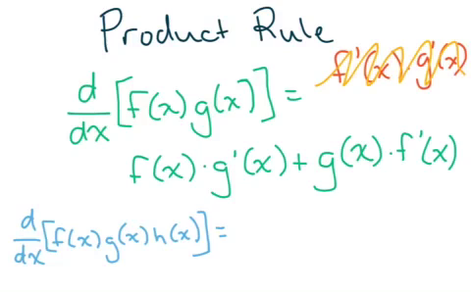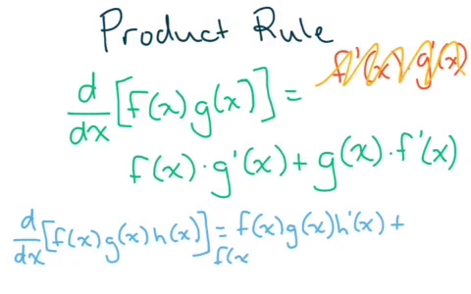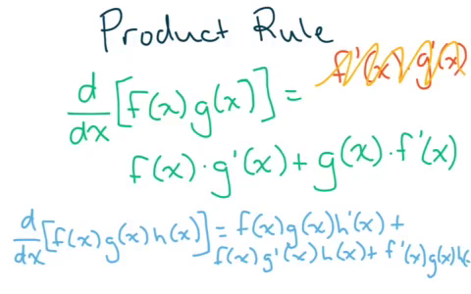We could say we're going to keep the first two and do the derivative of the third one, plus then we keep the first one and do the derivative of the second one and keep the third one, and plus finally we need to take the derivative of the first one and keep the other two. Okay, so as long as we do all the combinations, sorry, I ran out of room there, oops.